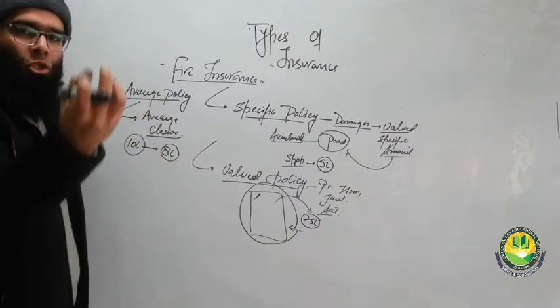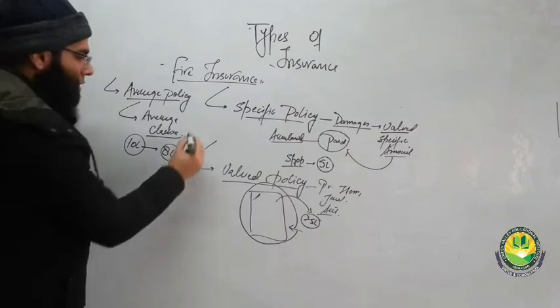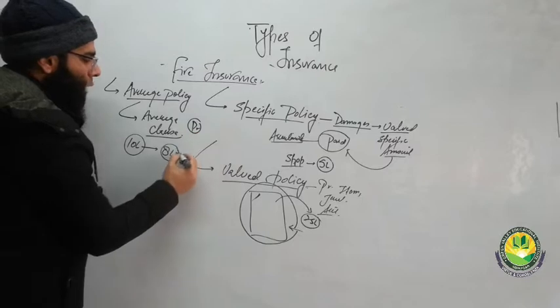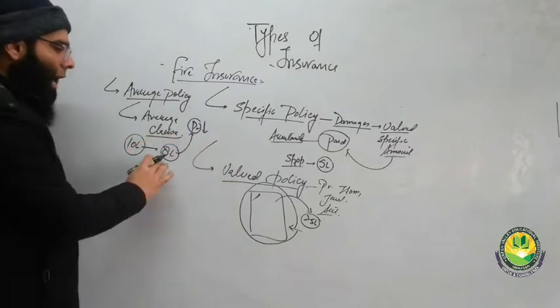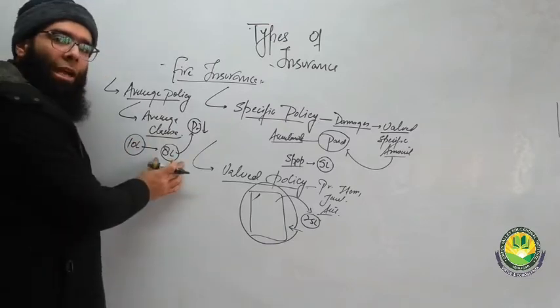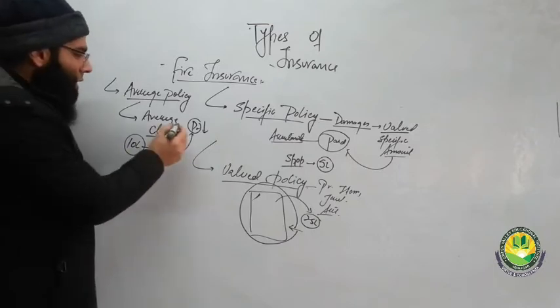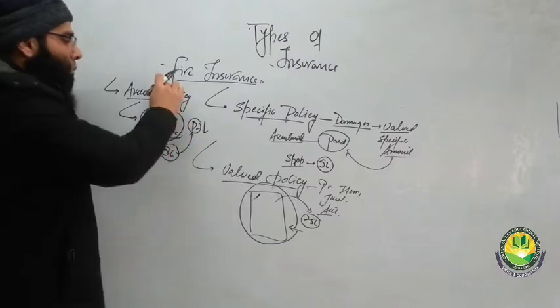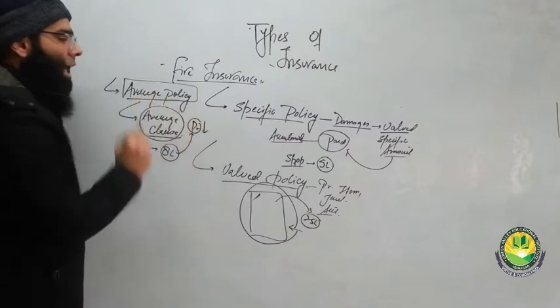So I have reduced the value of the policy, maybe because I would like to pay less premium. For 10 lakh there will be higher premium, for 8 lakh there will be less premium. So I take up the policy of 8 lakh even though the property is worth 10 lakh. So if this happens, an average clause is put in the normal policy and it becomes an average policy.